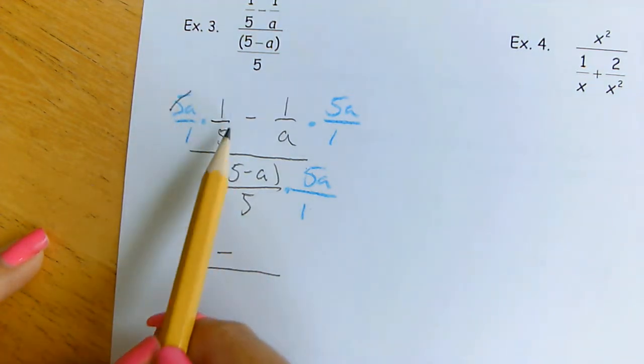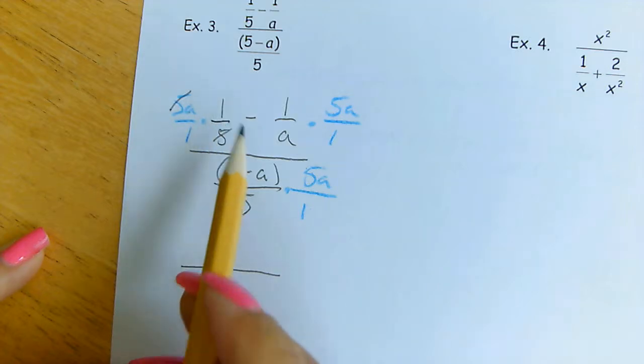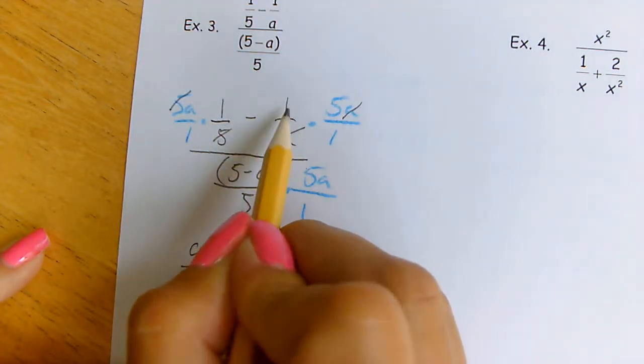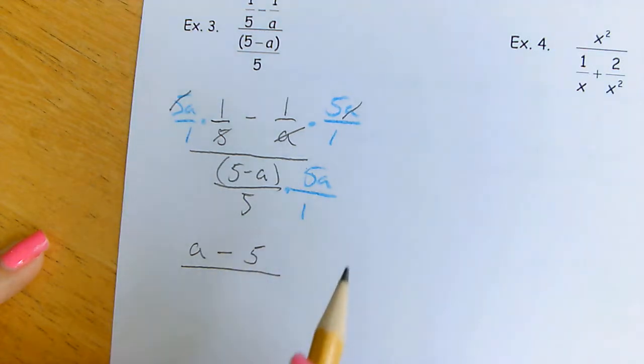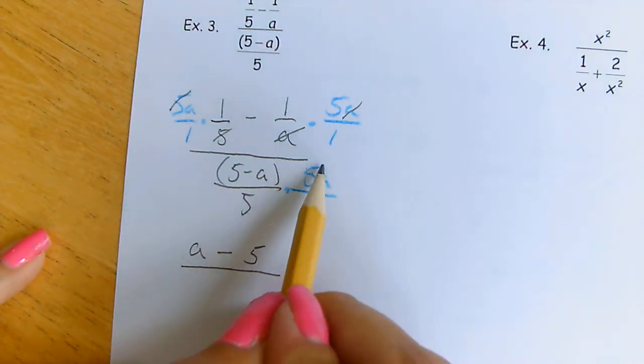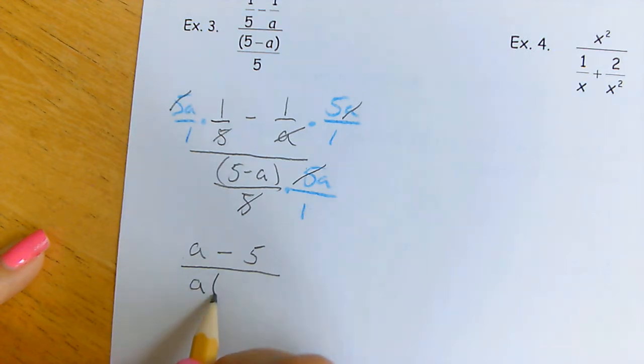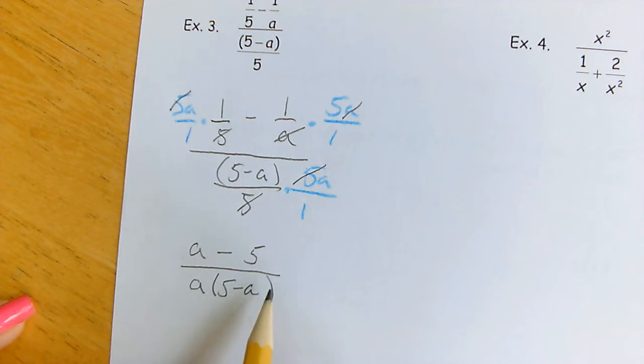Here, my 5's divide out to 1, and I'm left with a times 1. Here, my a's divide out, and I'm left with 5 times 1. Down here, my 5's will cancel out, and I'm left with a times 5 minus a. Now, I didn't distribute that, just in case I can simplify.